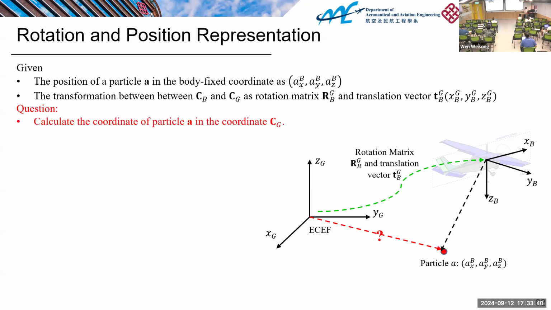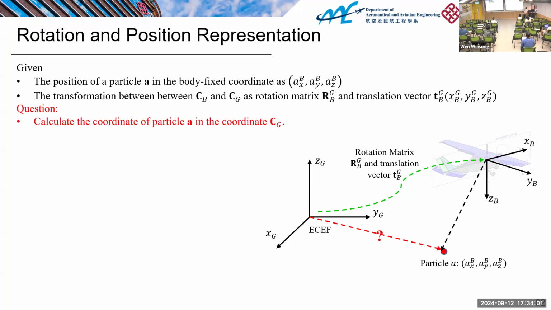The position of the particle A in the body coordinates, I mean this vector, is a known variable, represented by AXB, AYB, and AZB in these coordinates.